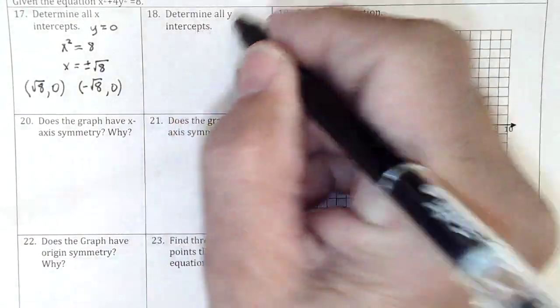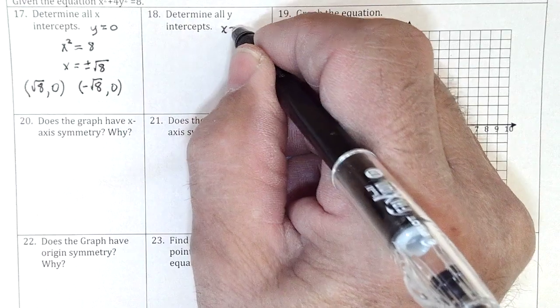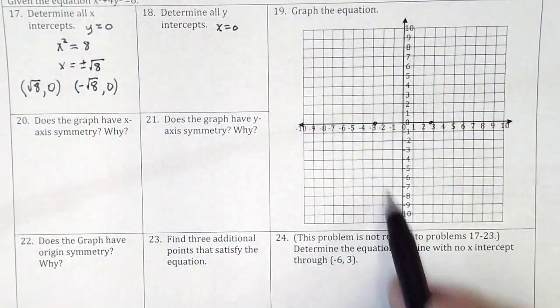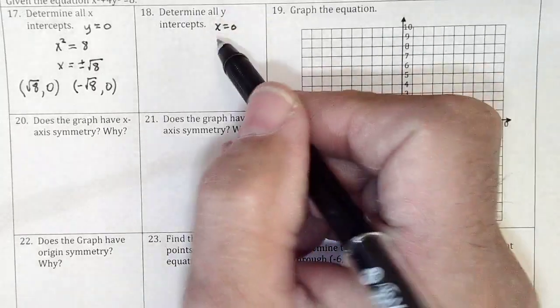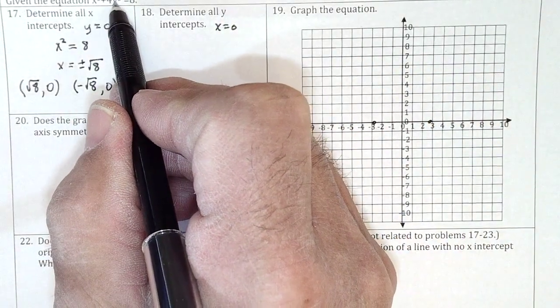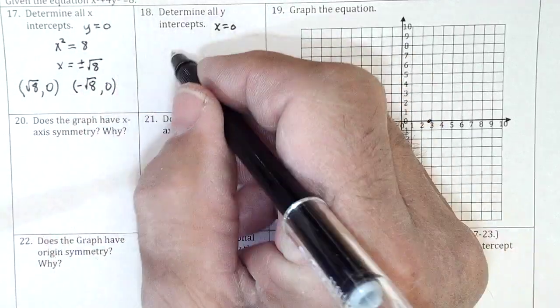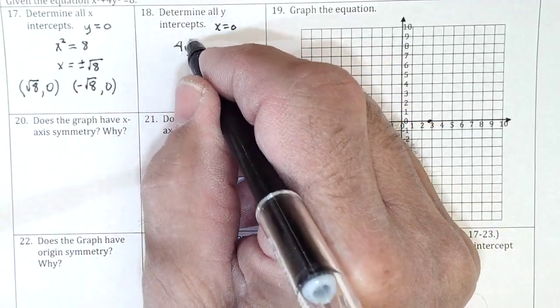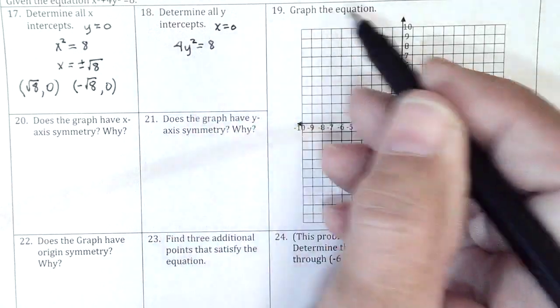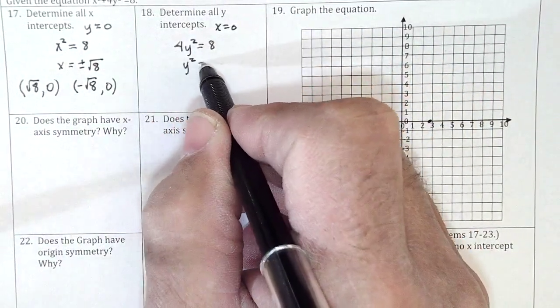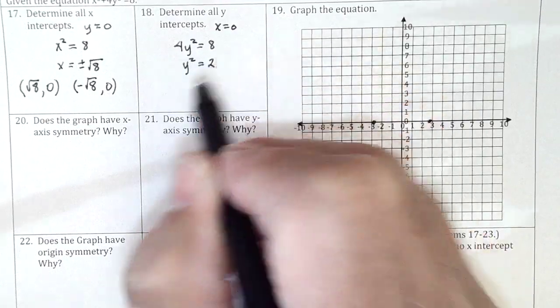Y-intercepts. When I want to find y-intercepts, I let x equal 0, because if x is 0, we're on the y-axis. So if I put 0 in for the x, I get 4y squared equals 8. Divide both sides by 4, and I get y squared equals 2.